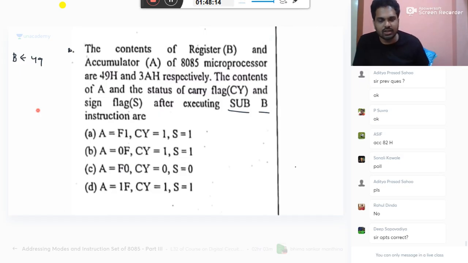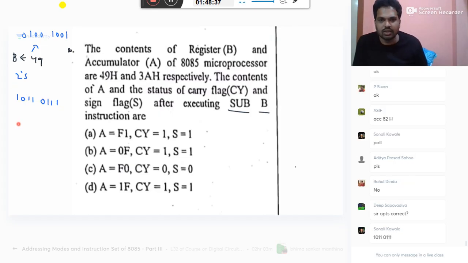Add this 1 0 1 1 0 1 1 1. You get 1 plus 1 sum 0 carry 1, 1 plus 1 sum 0 carry 1, 1 plus 1 sum 0 carry 1, 1 1 1 1 1 1. No carry, so carry will be 0 bar, that is 1. Sign flag will be 1. Your answer will be F1. No difficulty in the question. It's simple math. Carry should be complemented.